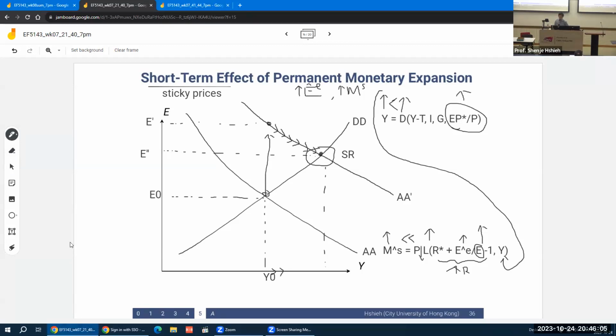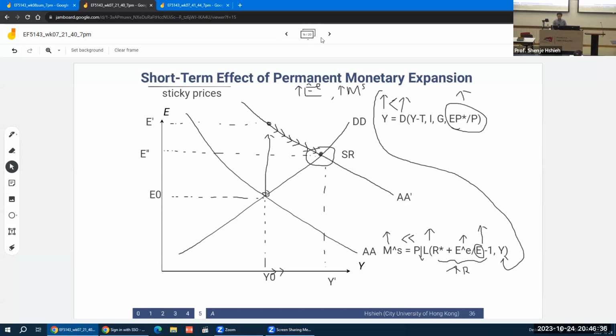The mechanism to achieve that output effect is the same as the temporary case. You have higher E that makes Q larger, which makes domestic goods and services more attractive and competitive, and that's going to drive domestic output. And with higher output, that's going to feed back into the money market equation, and therefore the spot exchange rate is going to move along the A prime schedule towards this final intersection between the DD and AA prime schedule.